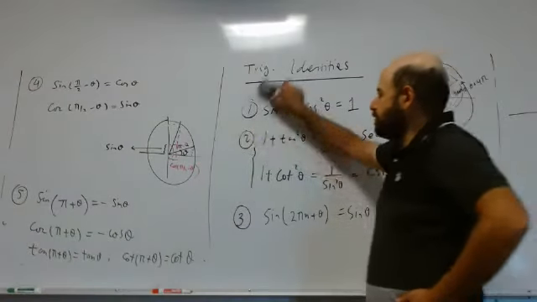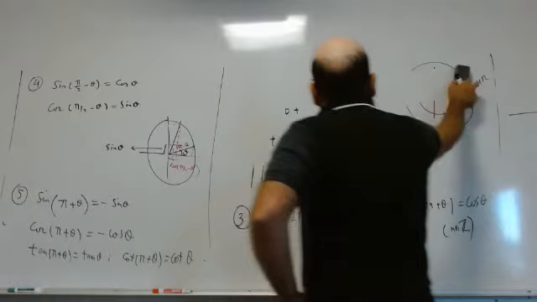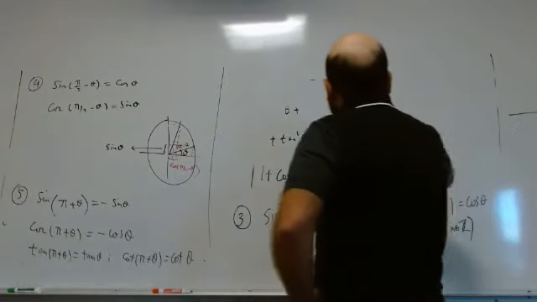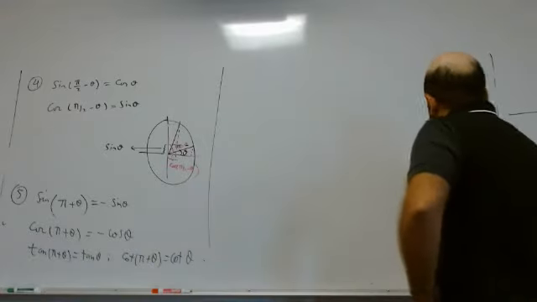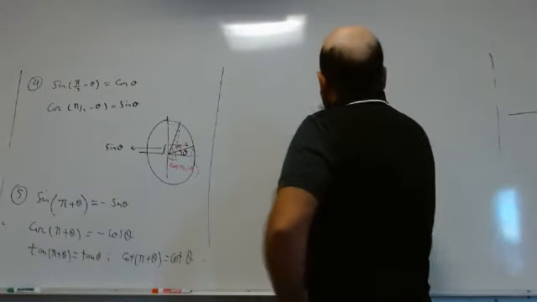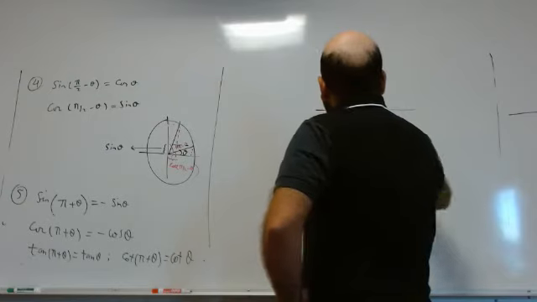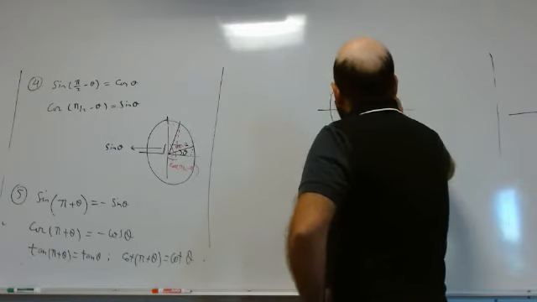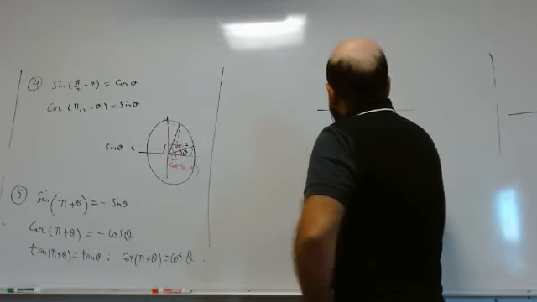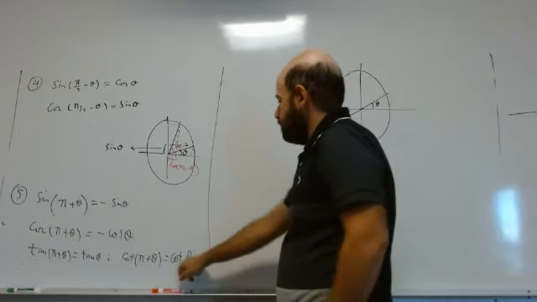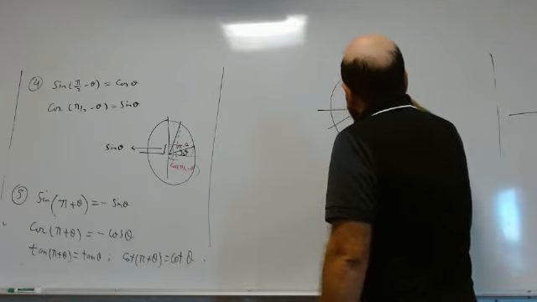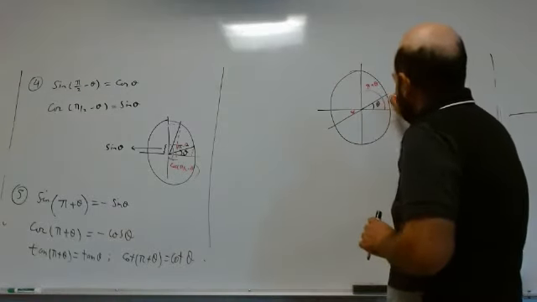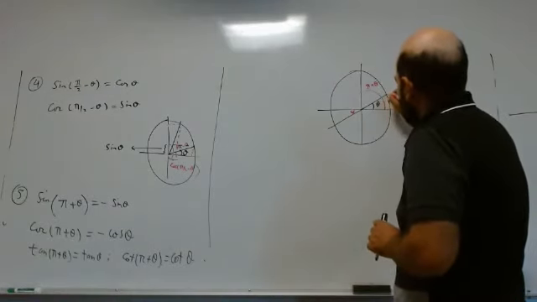So how can you see this property? This property is also easy to observe, even if you draw the unit circle. So this is theta, and this is pi plus theta. Let me again do it, let's say, for sine theta. Sine theta means this length here.